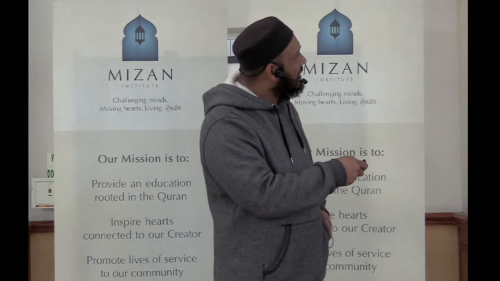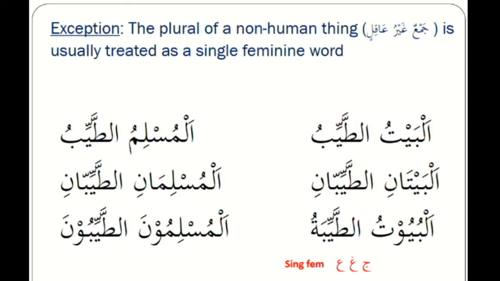Okay, let's go through some examples. I'll just give you the Arabic term for the plural of a non-human: jam' ghayr aqil. What does jam' mean? You must know plural here: jam', mufrad, muthanna, jam'. Plural. Ghayr aqil. What does aql mean?